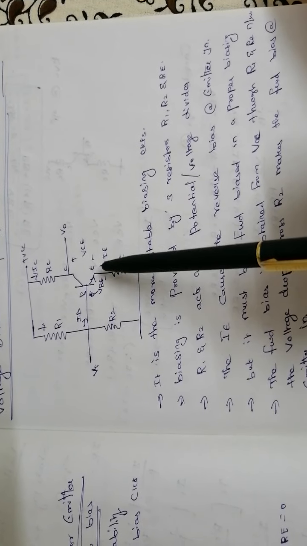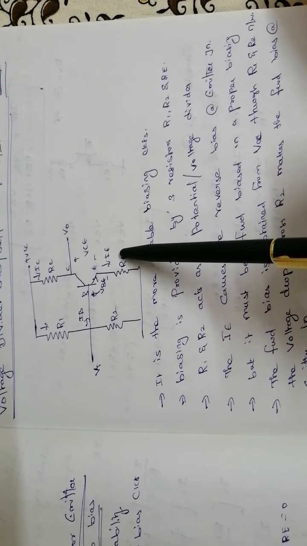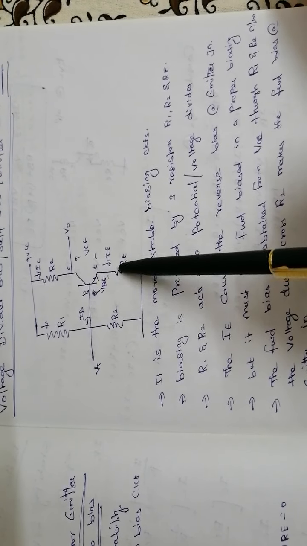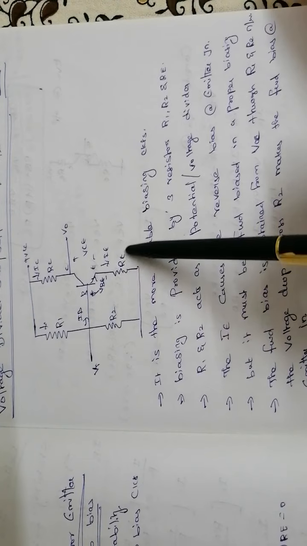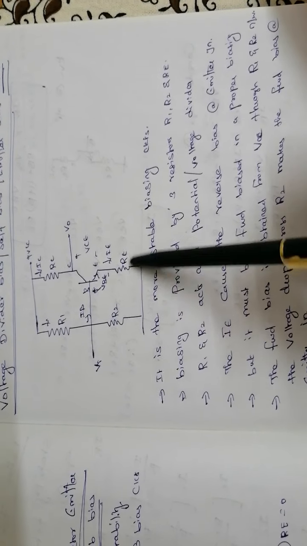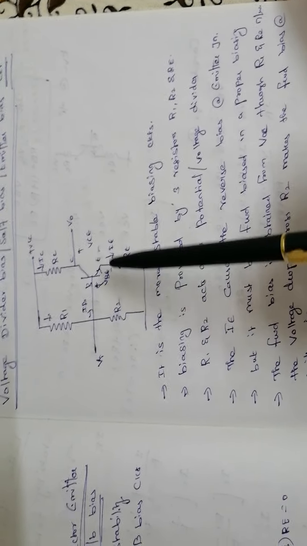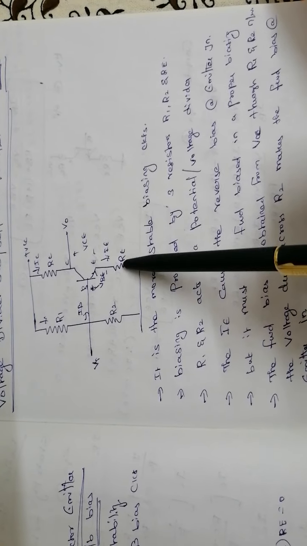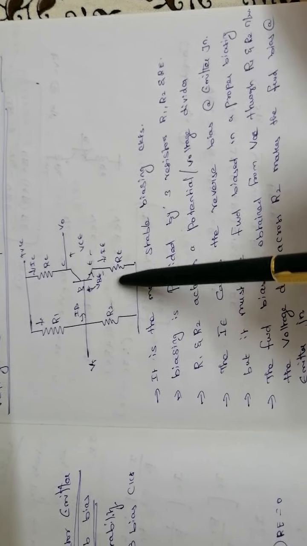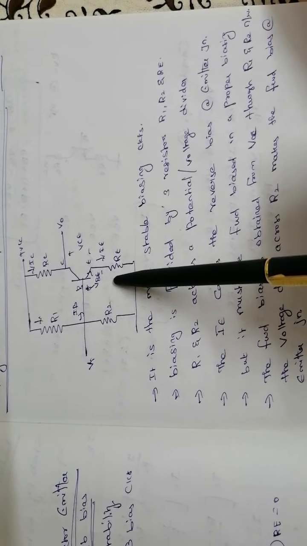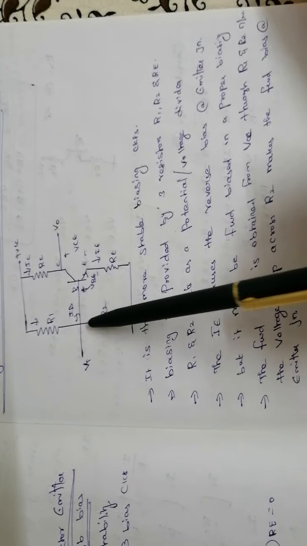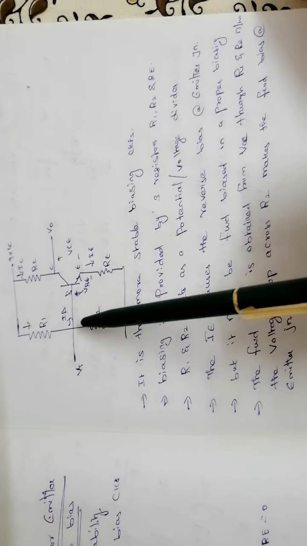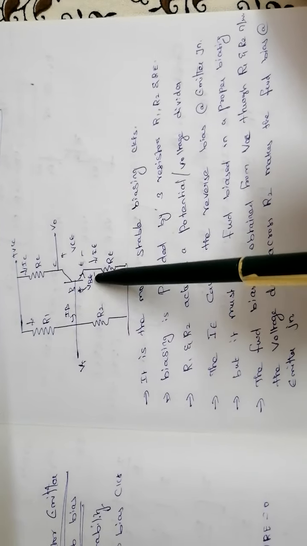But for better biasing, better stability, we need a forward bias. To overcome this reverse bias, a forward bias is obtained from VCC through the R1 and R2 network. So the voltage drop across R2 makes the emitter junction forward biased.